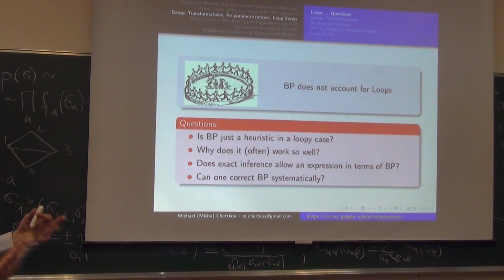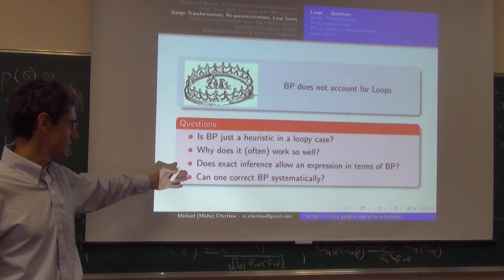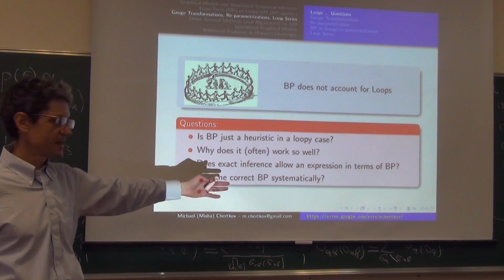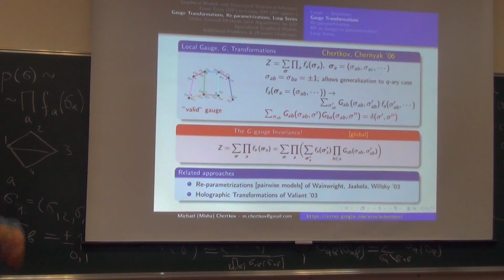Again, arguments through relations between exact and approximate partition function. Or you can use this as a discussion of how we correct for BP systematically, I mean, for the error which we are getting from BP.